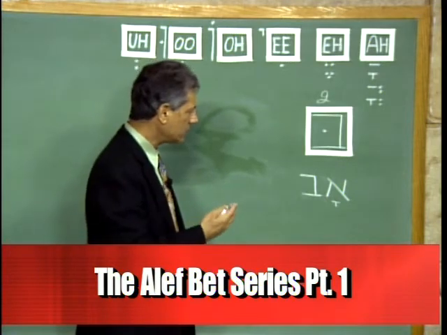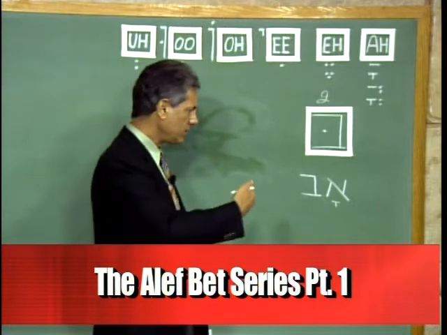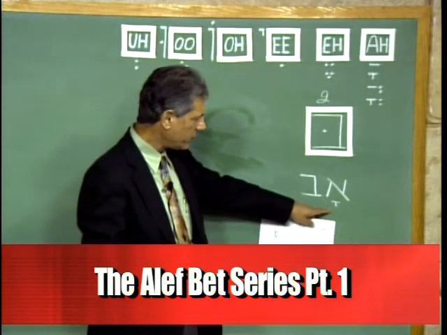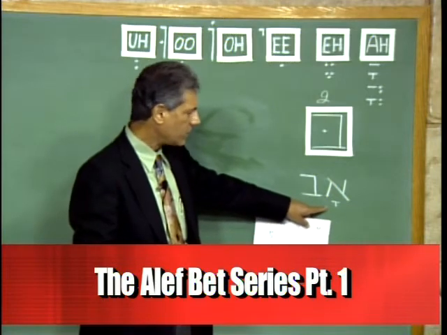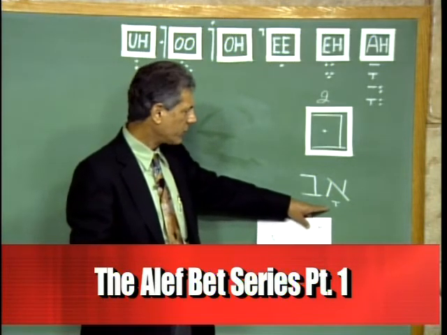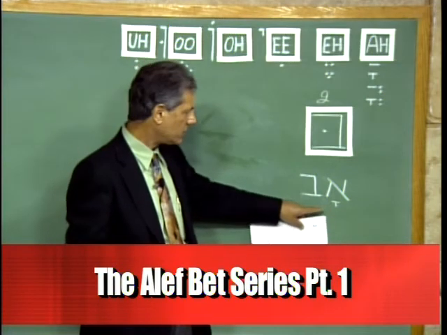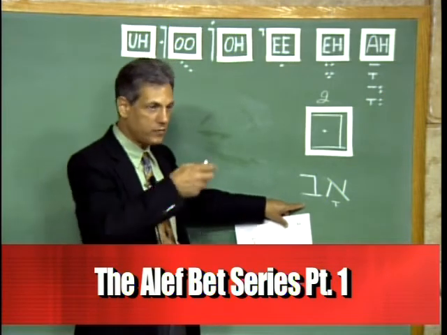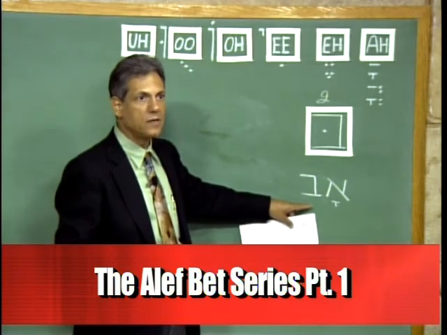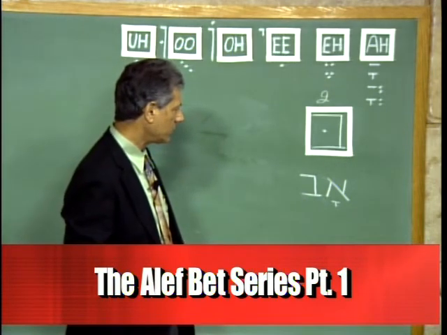Not because you and I agreed that this is going to be father, but because the letters themselves are leading us to understand what it means. The Aleph represents the leader or the master, and the Bet represents the house. Together they are Av, which is the master of the house.